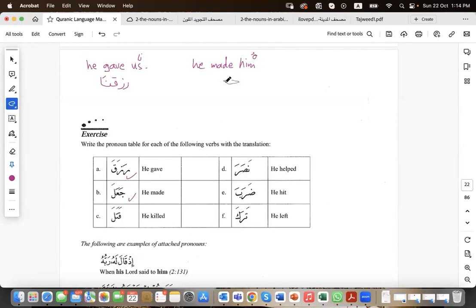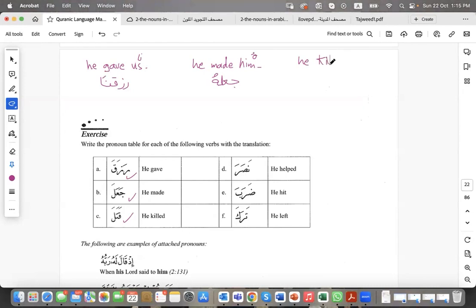So جعل, we have agreed that the verb comes first in Arabic. Sorry, I mean the verb here is going to be first and then the attached pronoun. So جعله with a dhamma. Okay, قتل. If I would like to say he killed them, let me write it for you properly so you wouldn't find it difficult to read it later on.